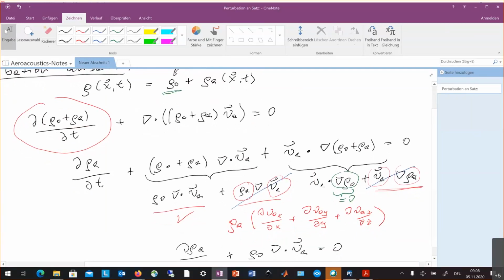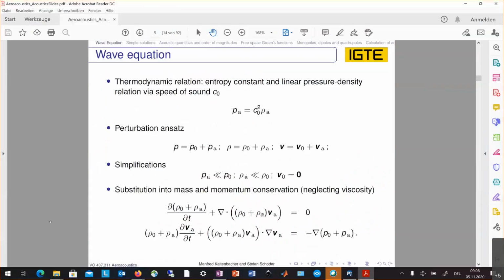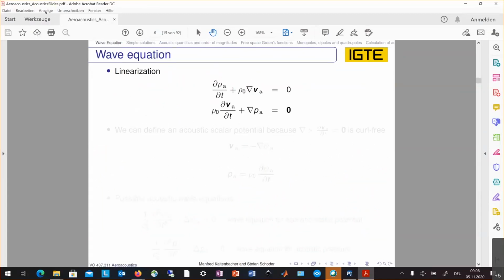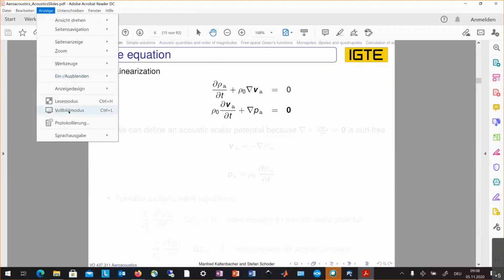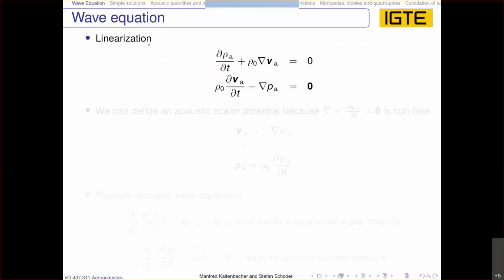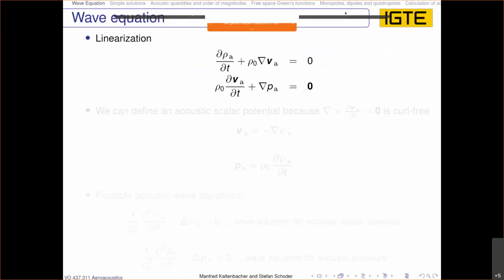Okay, so when we go back, then we have the following reduced set of conservation equations, as we call it in this sense. We have here the linearized conservation equation for the mass, and this is the linearized equation for the conservation of momentum.